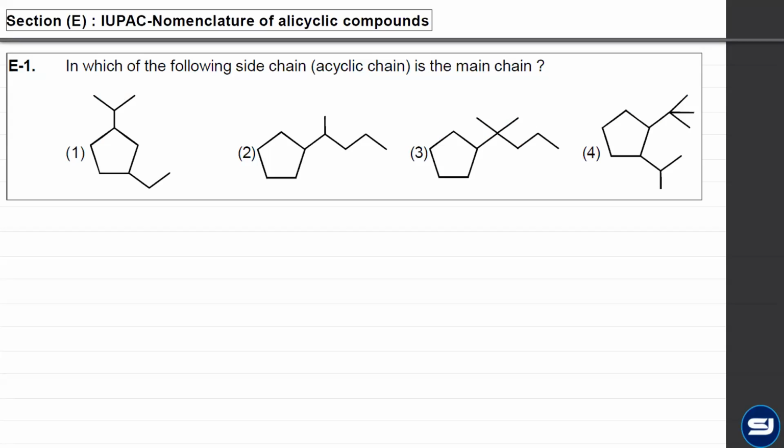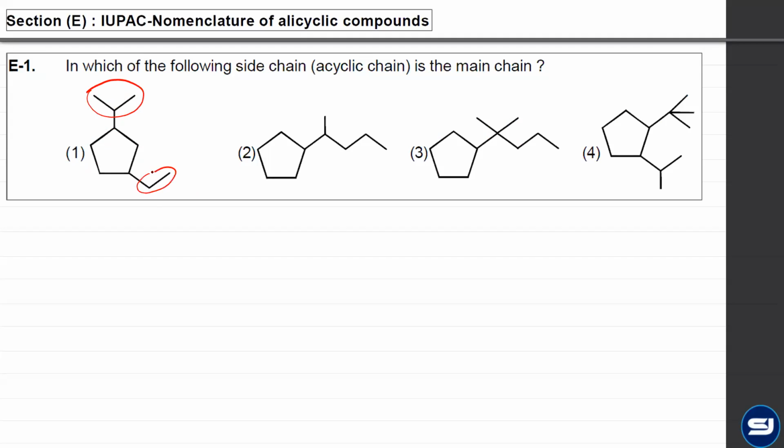Next section covers the nomenclature of cyclic compounds. So now the question is, in which of the following is the side chain or acyclic chain the main chain? In the cyclic ring, whatever is attached is called a side chain.